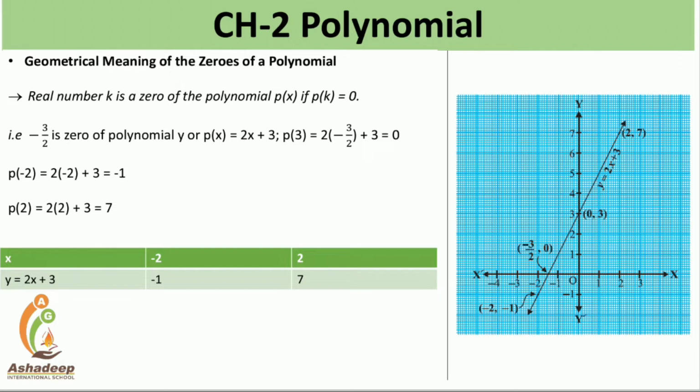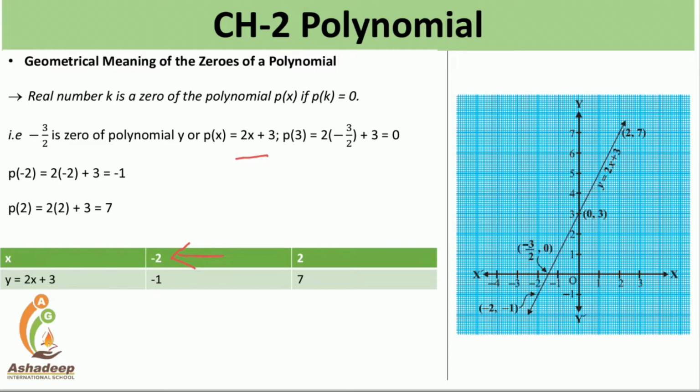Now if I want to know the geometrical meaning, I have to plot this polynomial onto the graph. For that, I'll take any value of x, as we already learned in standard 9. Here I take minus 2 instead of x.